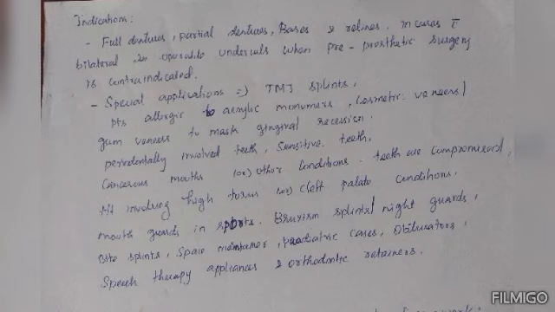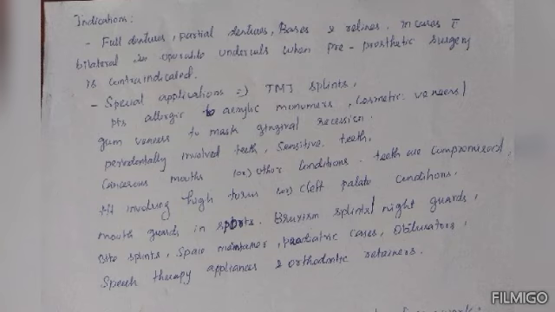And what are the indications for flexible denture? Full denture, partial denture, bases and relines. In cases with bilateral inoperable undercuts, when pre-prosthetic surgery is contraindicated, we may use flexible denture. And special applications: TMJ splints, patients allergic to acrylic monomers, cosmetic veneers and gum veneers to mask gingival recession, periodontally involved teeth, sensitive teeth, cancerous mouth or other conditions.